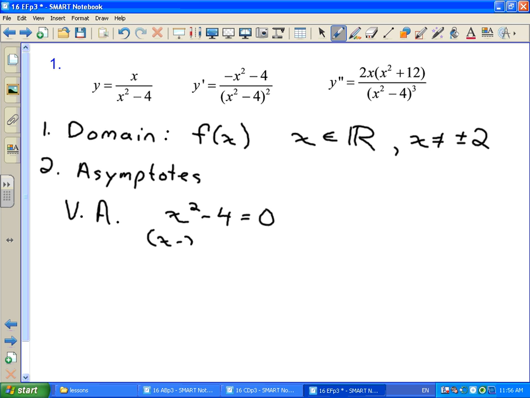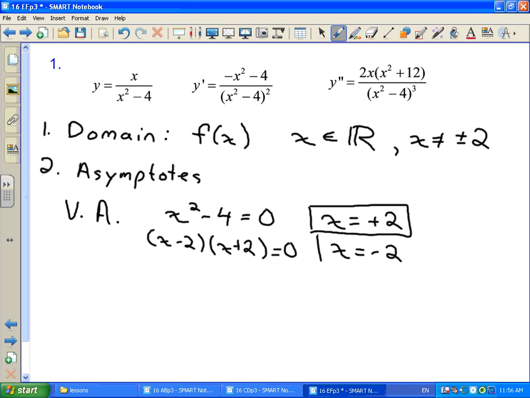I can factor my left-hand side, and I get x equals positive 2, x equals negative 2. Those are going to be the equations of my vertical asymptotes, which you'll notice are the two restrictions that we had placed on our domain, because the function isn't defined at the vertical asymptotes.